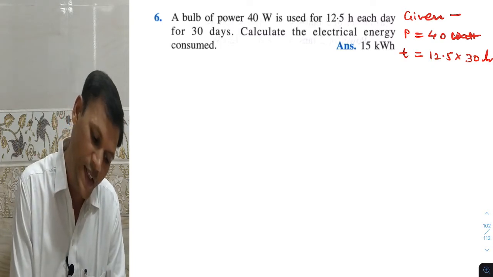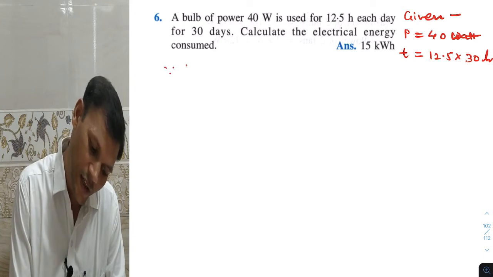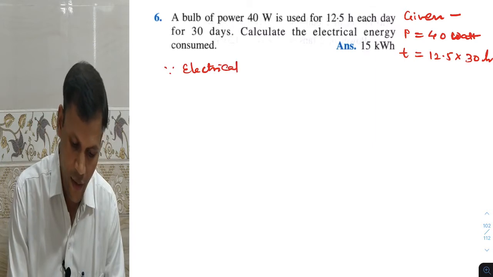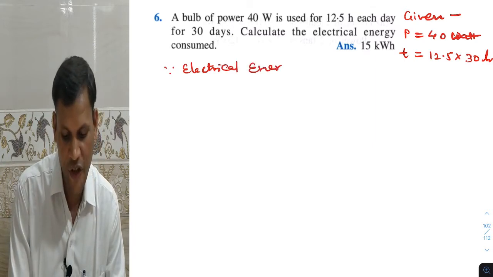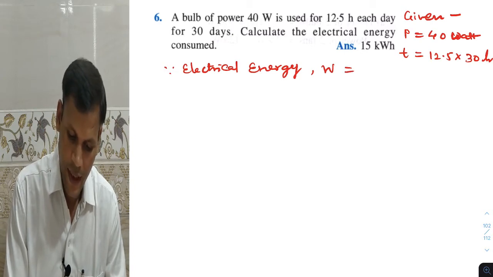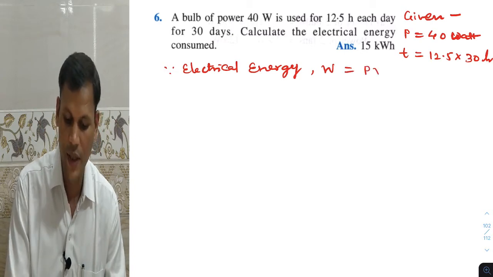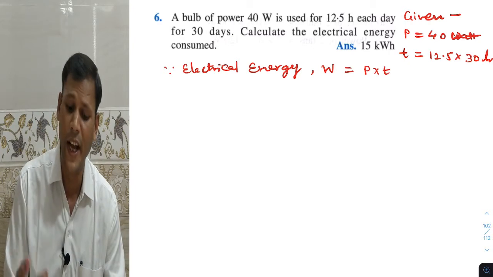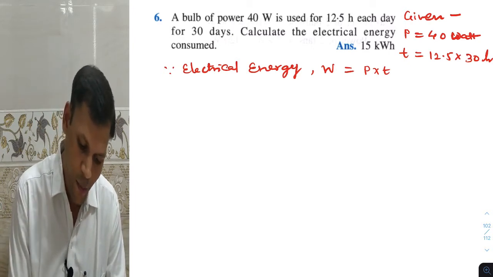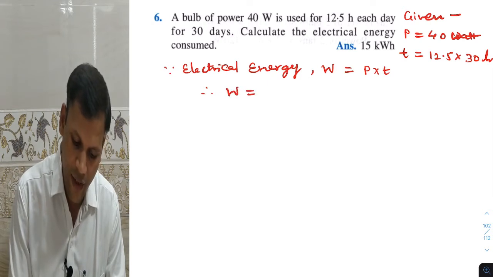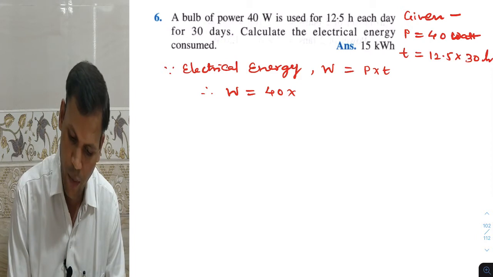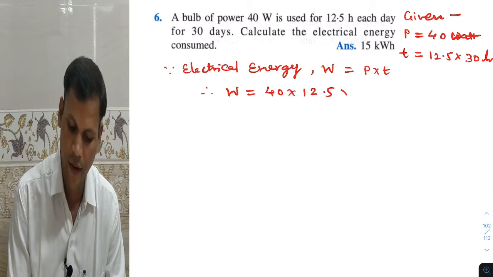So we know since electrical energy W is equals to power into time, because power is work done upon time, so work done will be power into time. So W will be power, already we have, it is 40, into time we have calculated, it is 12.5 into 30.